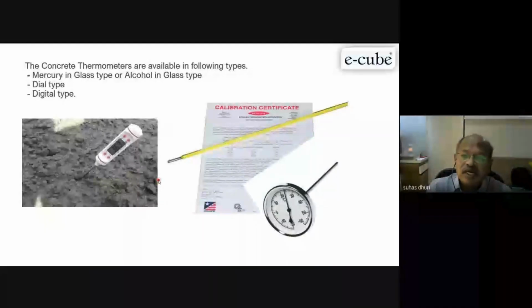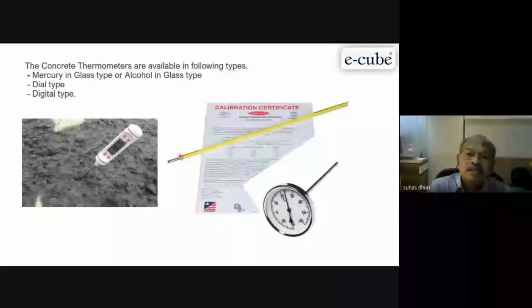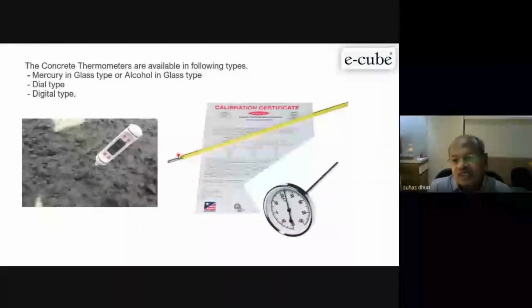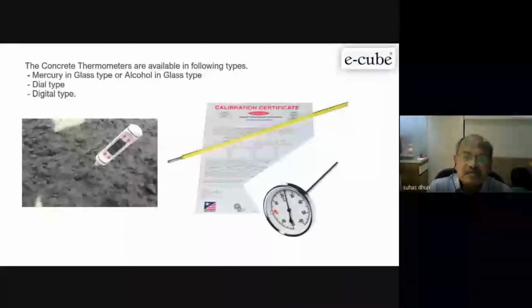So we have one calibrated thermometer in the laboratory, which is calibrated outside with a standard laboratory, and you can use that. These are very convenient to use in concrete, because it will not damage. This may damage, but it has to be calibrated properly.